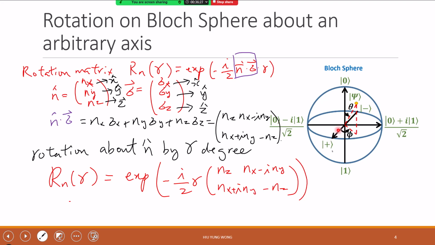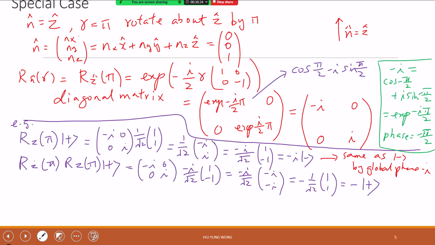But again, every point here represents many states, and they differ by a phase. So here, this plus and this plus are not the same. They differ by a phase which is negative 1. It turns out to be pi, right? Cosine pi is negative 1. E to the power I pi will give you negative 1, right? So in this sense, it's not really a problem.